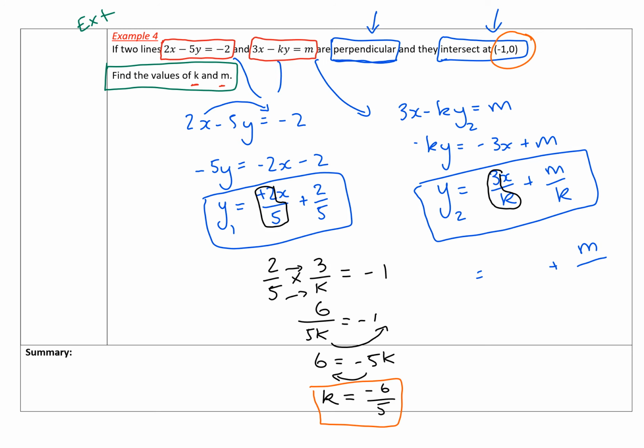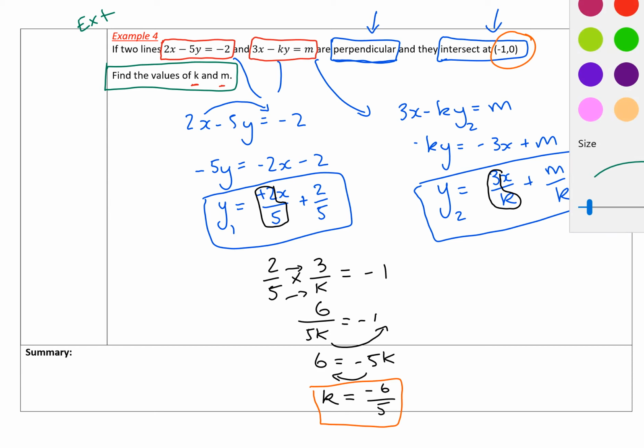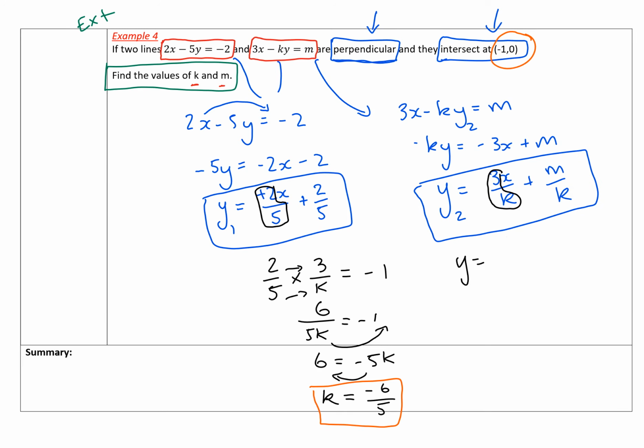If I sub in my value of negative 1 and 0 for x and y, remembering this is a bit like saying when x is negative 1, y is 0, then my y equals 3x on k plus m on k becomes 3 times negative 1, and this becomes 0. So we can rewrite this as negative 3 on k plus m on k equals 0.